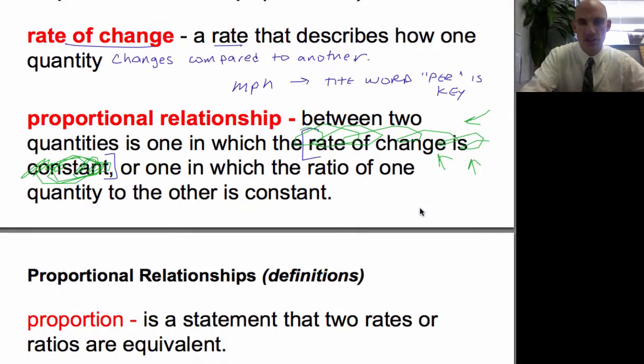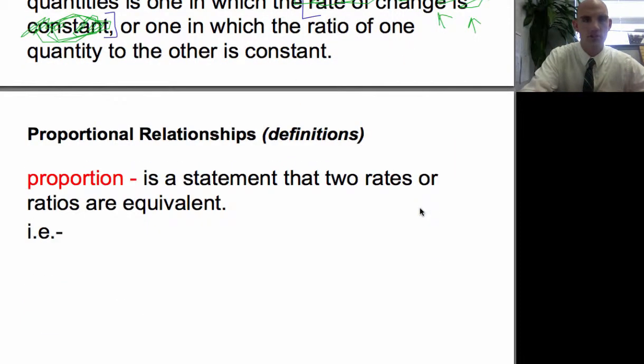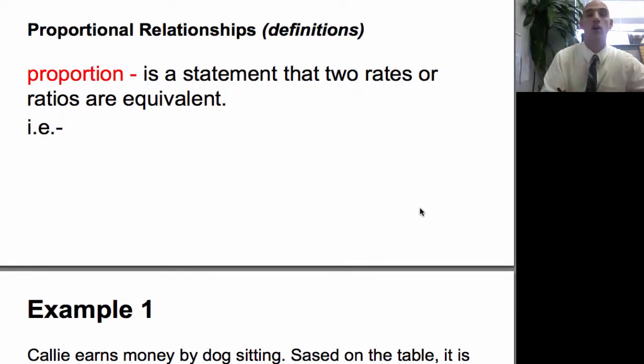And so the proportion down here is a statement that two rates or ratios are equivalent. What does that mean? For example, if I travel 100 miles in 2 hours, that's equal to traveling 50 miles in 1 hour.